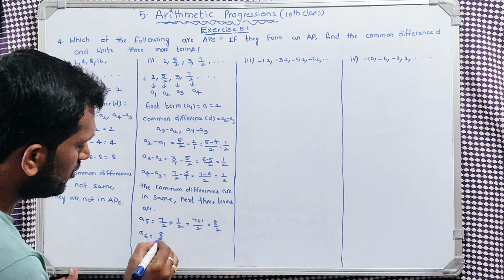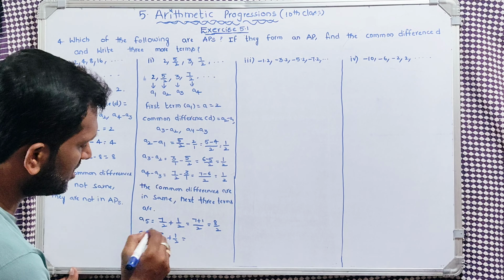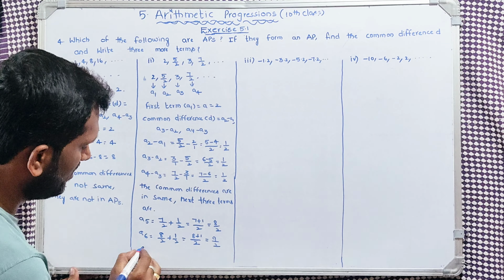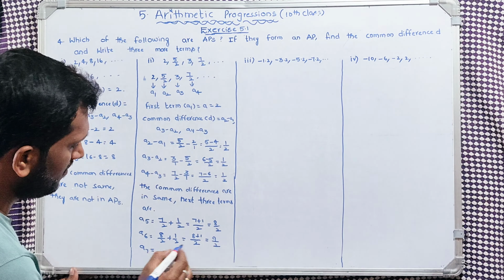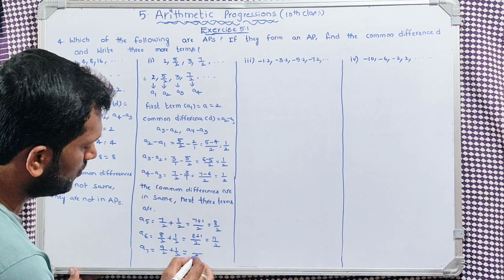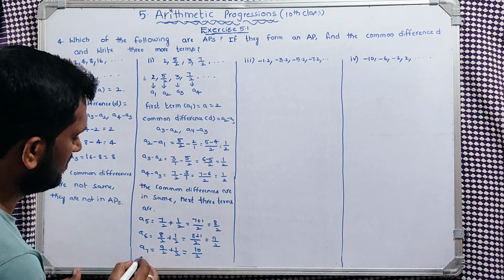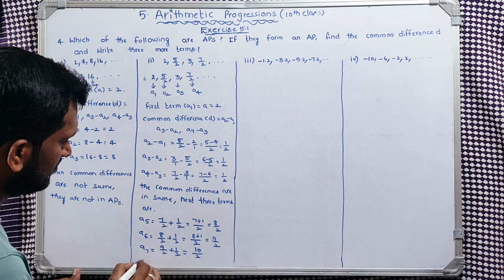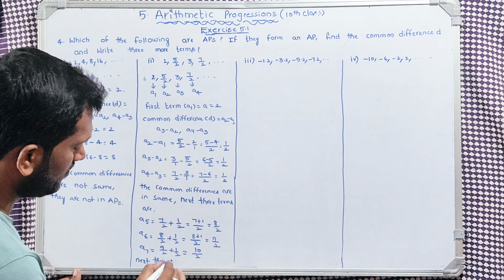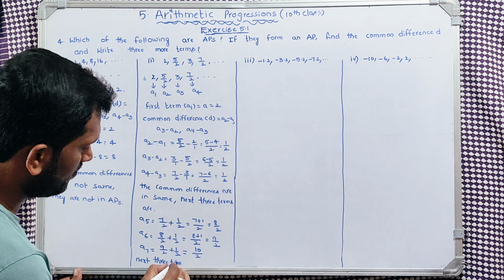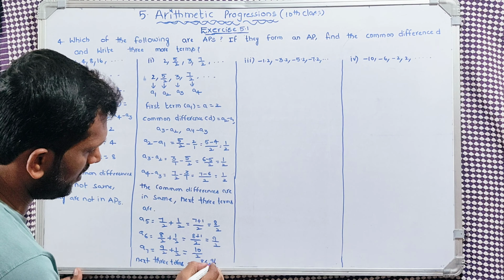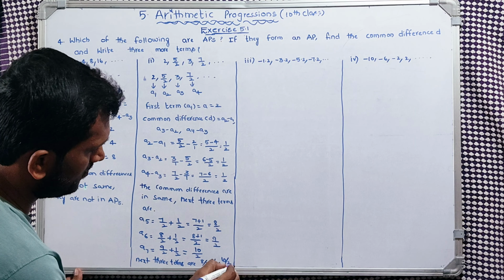Next, 8 by 2 plus 1 by 2 gives the A6 term. 8 plus 1 equal to 9 by 2. Next, A7: 9 by 2 plus 1 by 2 equal to 10 by 2. Next three terms are 8 by 2, 9 by 2, 10 by 2.